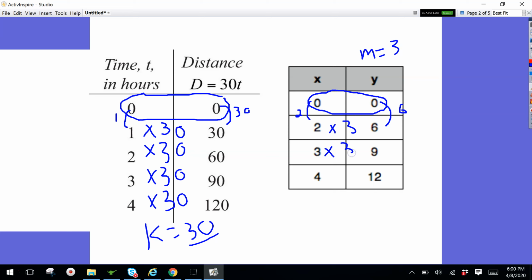Multiply this by 3, that gets you 9. Multiply this by 3. And so that's all I have to do. I don't need to add a y-intercept as well. So again, this table right here has a direct variation where y varies directly with x, and our constant of variation here is 3.